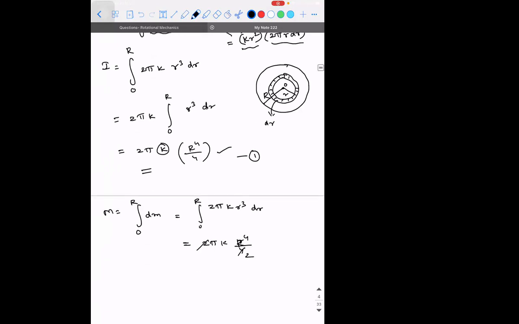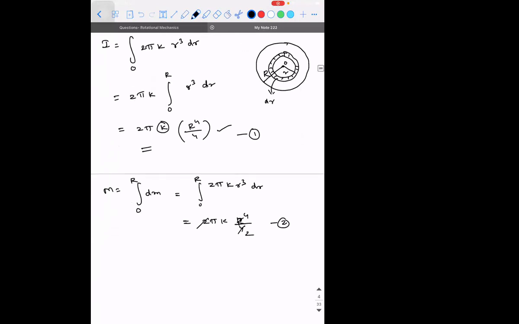So it will be by 2. So when this is the value of m, what will be the value of K? 2 capital M divided by pi R power 4. Let this be equation number 2.